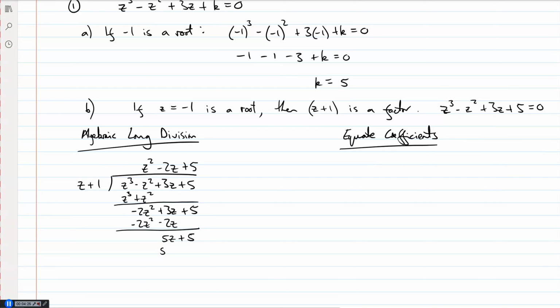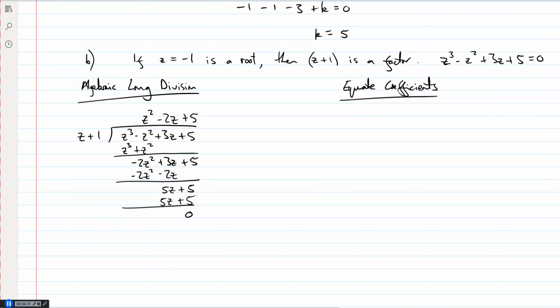So 5 times z, 5 times 1, as expected, no remainder, and therefore we've got our quadratic factor. So therefore this cubic can be written as z plus 1 multiplied by the quotient, which is the answer we get in here.